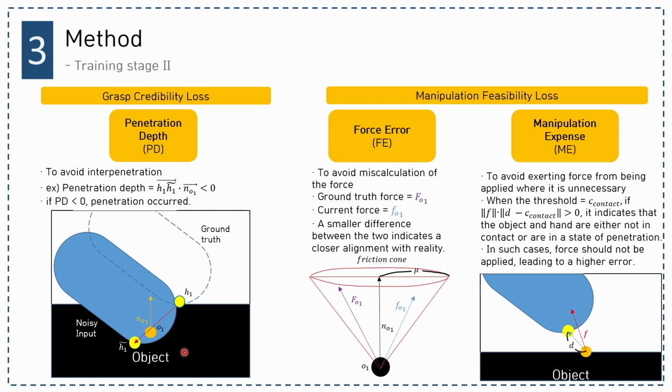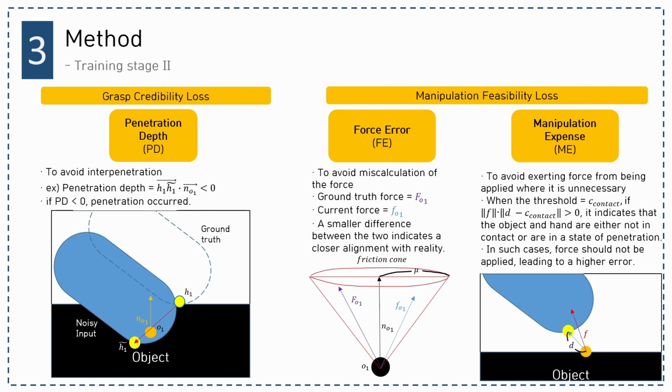This results in a value less than 0. If the finger is lifted, the value becomes positive. This absolute value increases with deeper penetration or greater distance from the object.